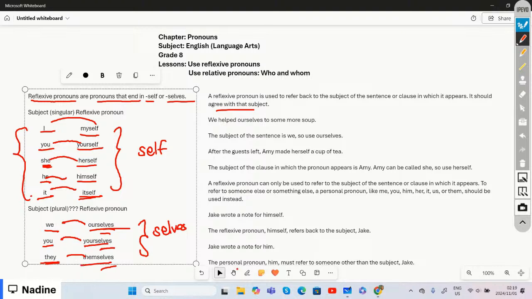All right. And remember, we said that the reflexive pronoun refers back to the subject of the sentence in which it appears, right? And it should always agree with the subject.